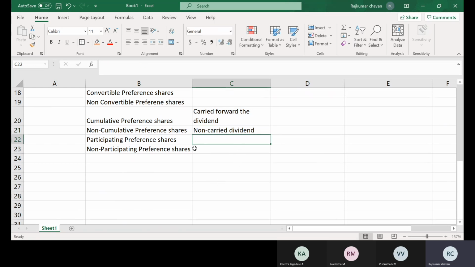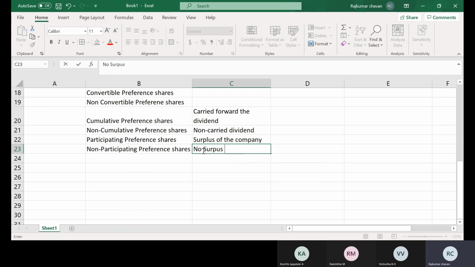That is the difference. Participating preference shares means those preference shares that participate in the surplus of the company. Whenever a company has a surplus of profits or surplus resources, they get some rights in the surplus of the company. Non-participating means they get no participation in surplus.